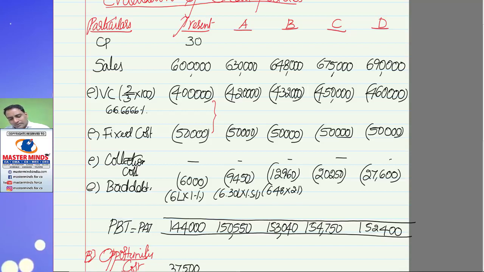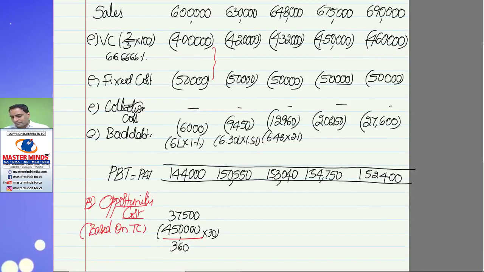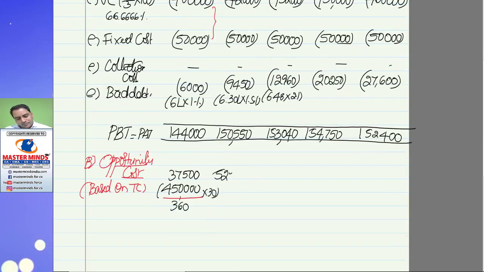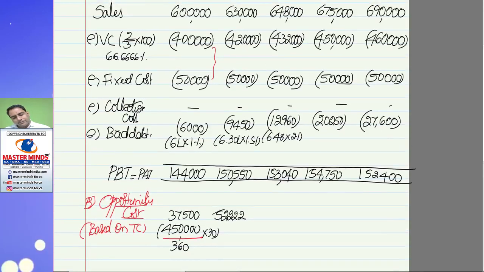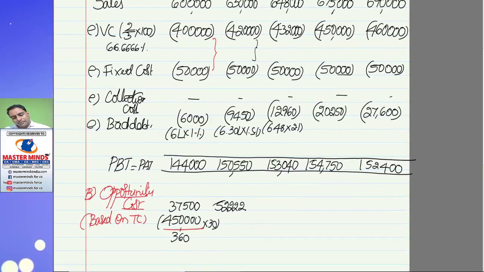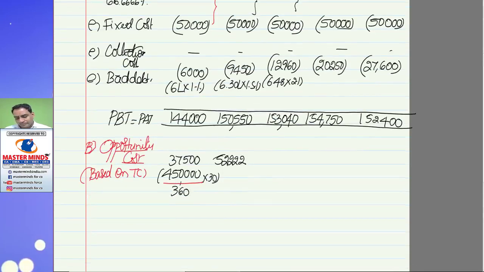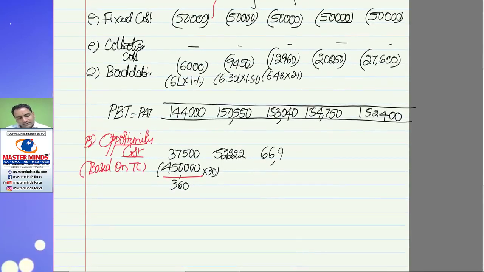Credit periods are 30, 40, 50, 60, 75. 4,20,000 plus 50,000 gives 52,222. 4,32,000 plus 50,000 divided by 360 into 50 gives 66,944.